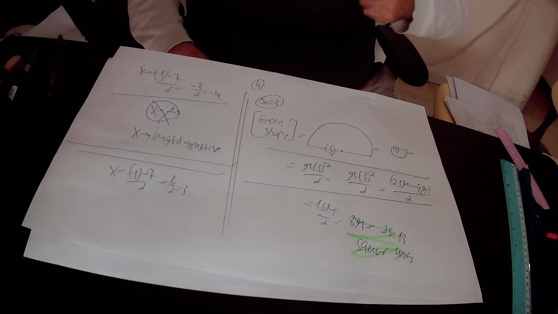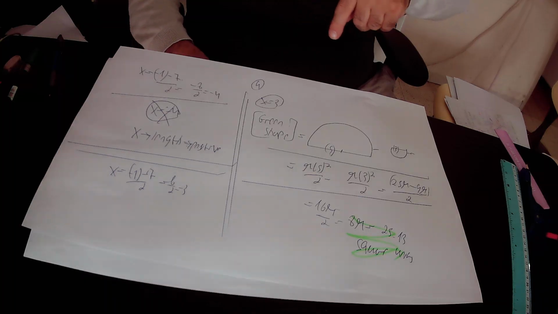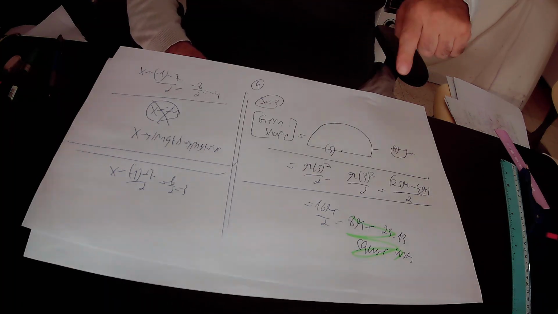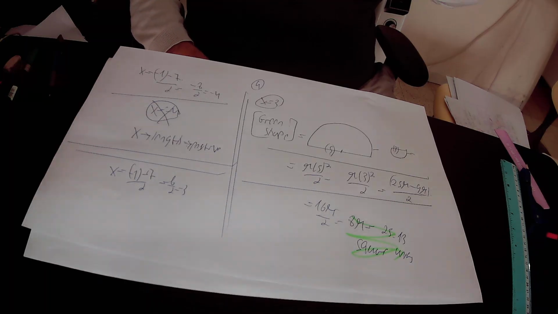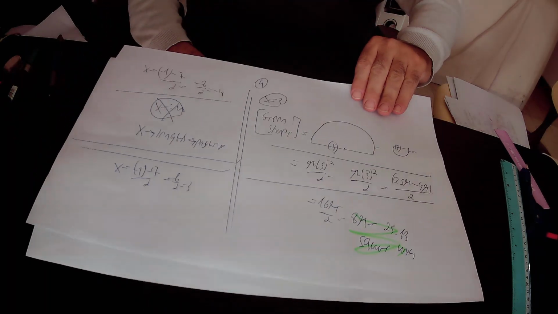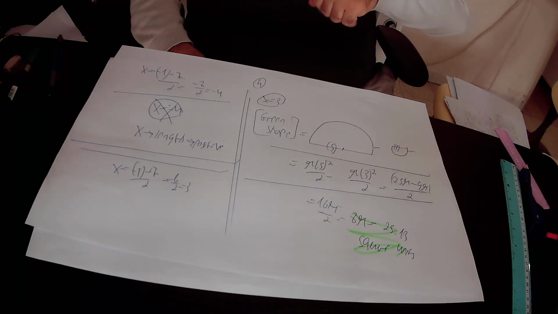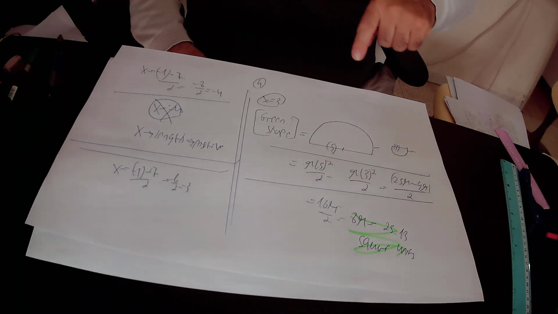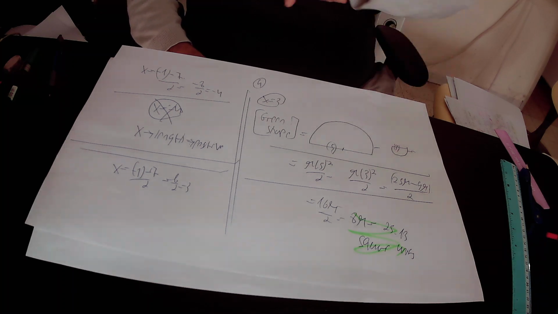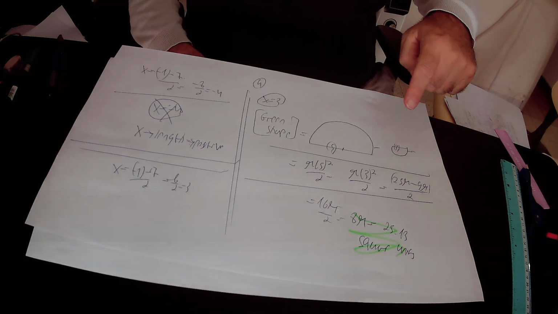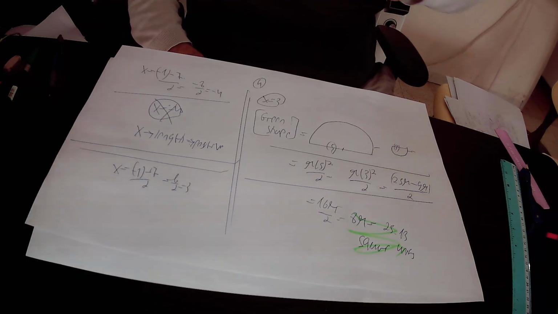We know that the radius of the big semicircle is 5, so the area of the big semicircle is pi times 5 squared over 2, plus the area of the small semicircle with radius 3. If the radius is 3, then the area is pi times 3 squared over 2.